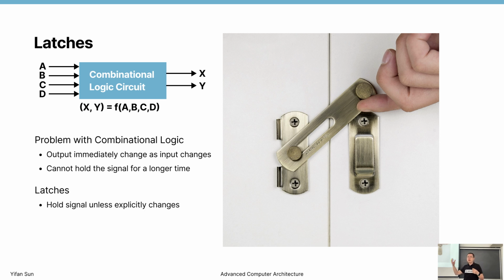Eventually, it will get stable and give you the correct result, but in the middle, it will give you some wrong results. So how can you determine which is the right result, or what is the correct time? We want something called latches. Latches work in a way that keeps the output unchanged for almost an unlimited amount of time until we explicitly want to say, okay, at this moment, please change it.